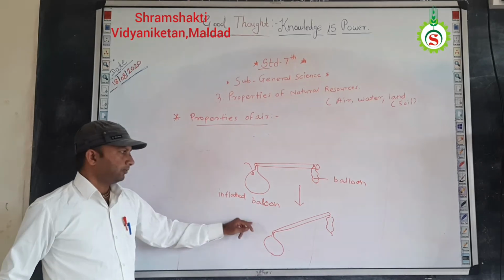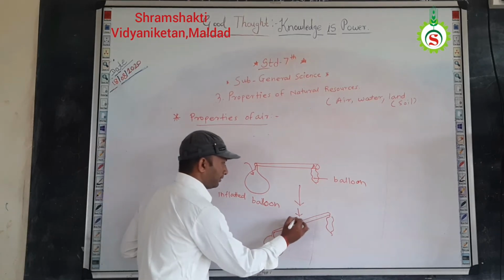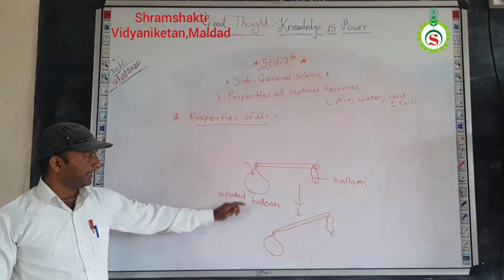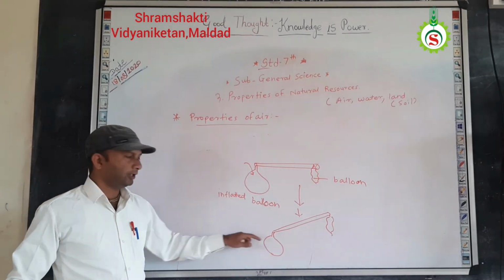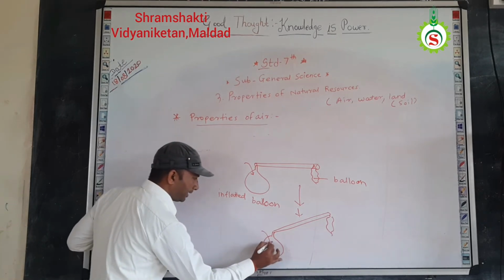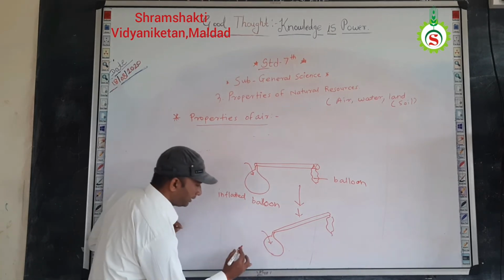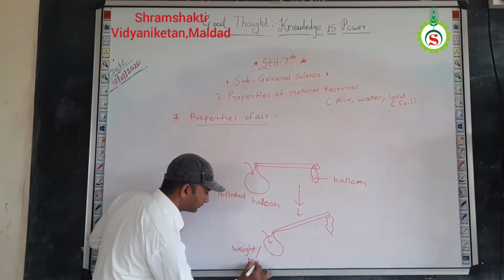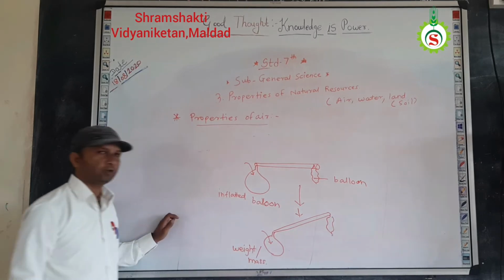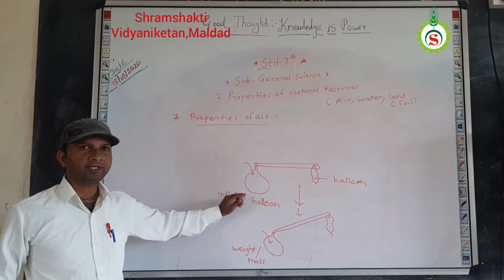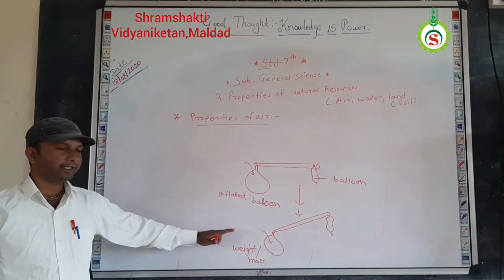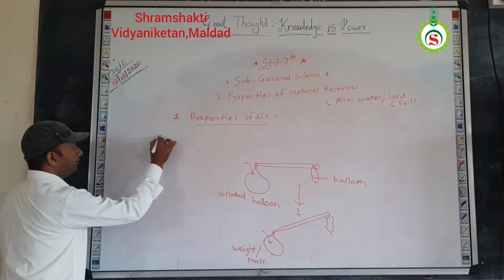What is the conclusion of this activity? So why does this inflated balloon go downside? Because the air which is present inside that balloon has weight. It has weight as well as mass. So this is the first property of air, that air has weight and mass.